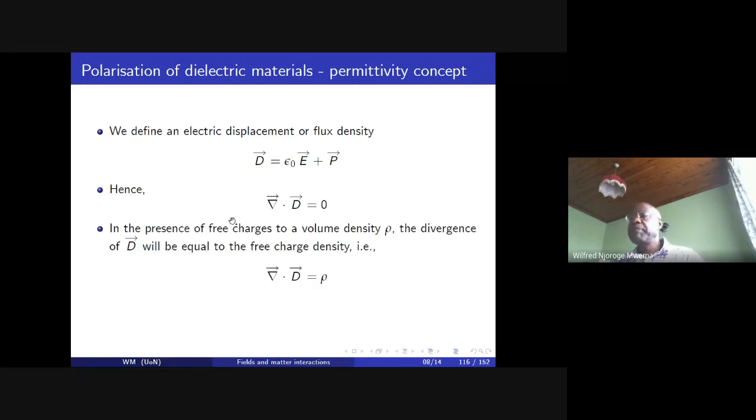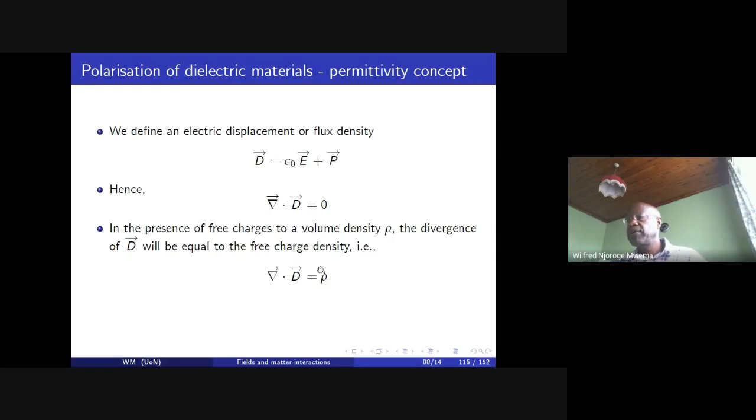In the presence of free charges of volume density rho, that is, we have rho coulombs per unit volume of free charges in our dielectric, that is, our dielectric is lossy, the divergence of D must be equal to the total charge enclosed, and that would be given by rho. This is what we obtained before.